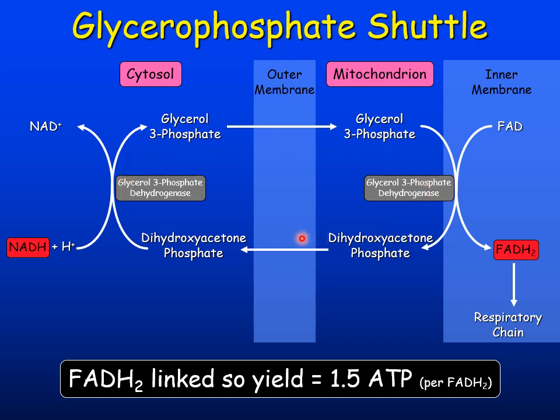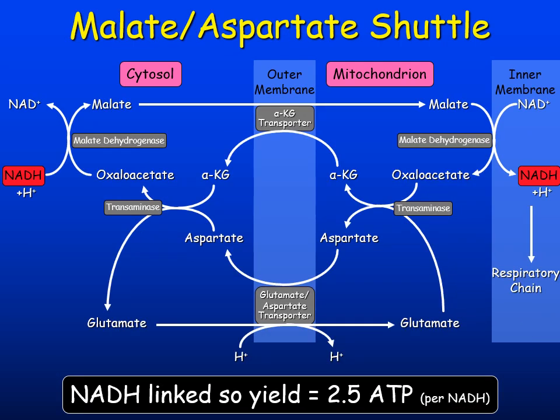And this keeps going around and around, transferring electrons from the glycolytically produced NADH into the mitochondria so that via FADH2 they can be coupled with the respiratory chain, producing 1.5 ATP per molecule of FADH2. The next shuttle I want to describe is the malate aspartate shuttle. And in this case, it's a little bit more efficient than the glycerophosphate shuttle.